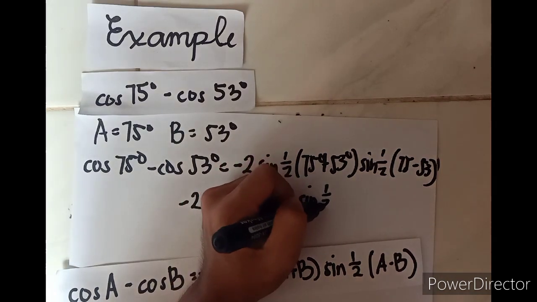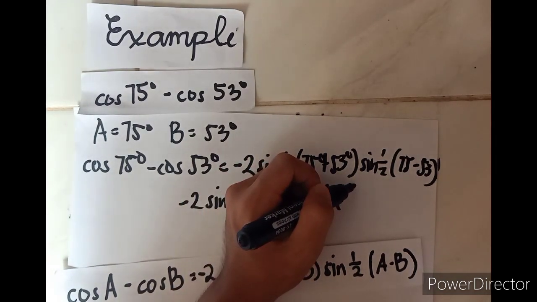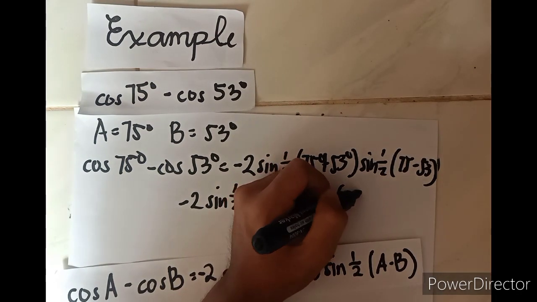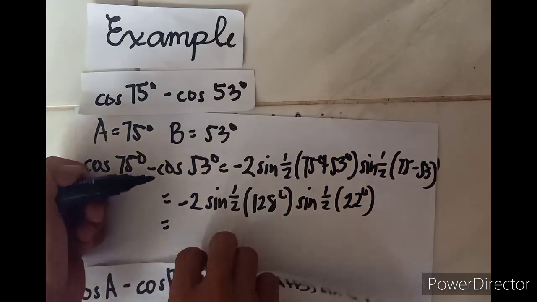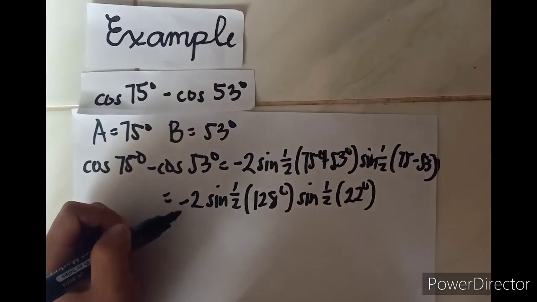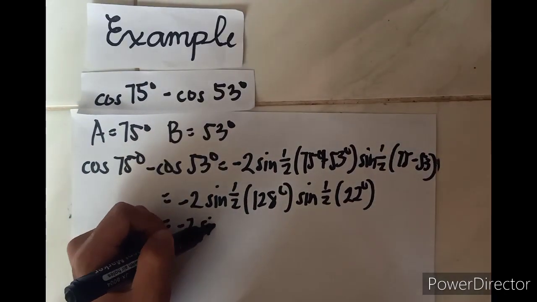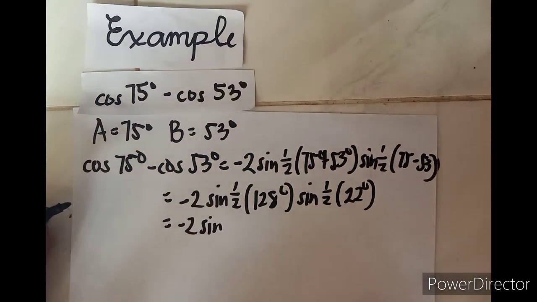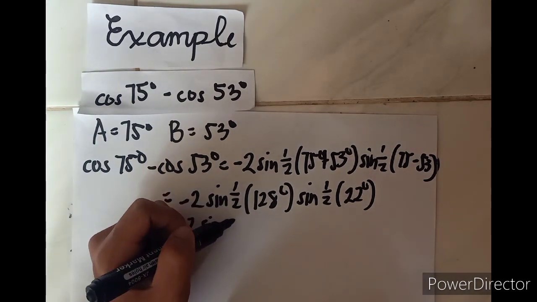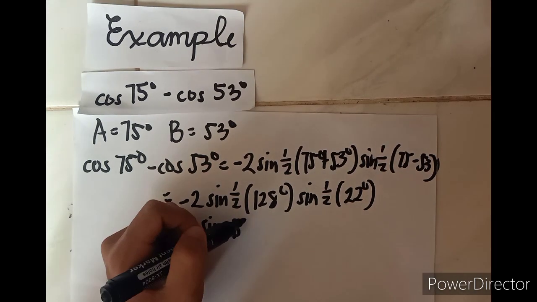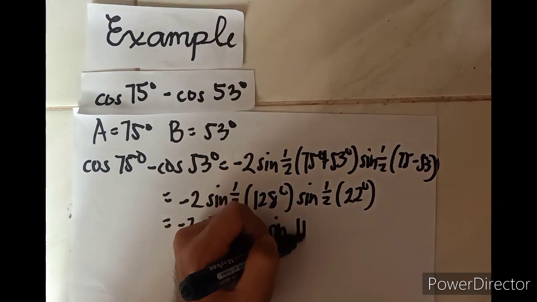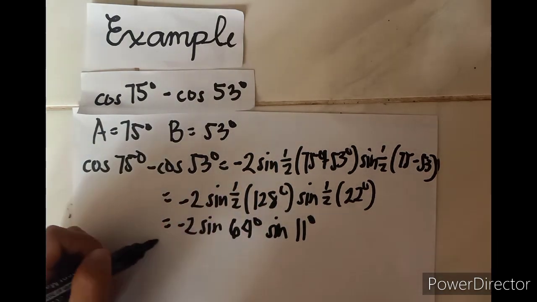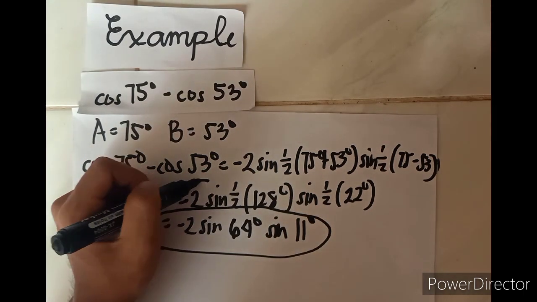Then sine 1/2, 75 minus 53 degrees is 22. Then we are going to operate 1/2 times the angle. Negative 2 sine 1/2 times 128 is equal to 64. Then sine 1/2 times 22 is equal to 11 degrees. Our final answer will be negative 2 sine 64 degrees sine 11 degrees.